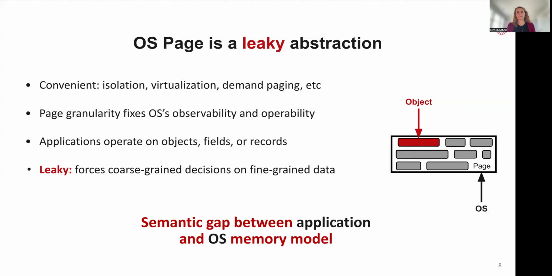Great question. So Mike is asking, is this semantic gap because the page sizes are so big right now? Yes, that's definitely the case where page sizes are big, 4 KB, 2 MB, and 1 GB lately.